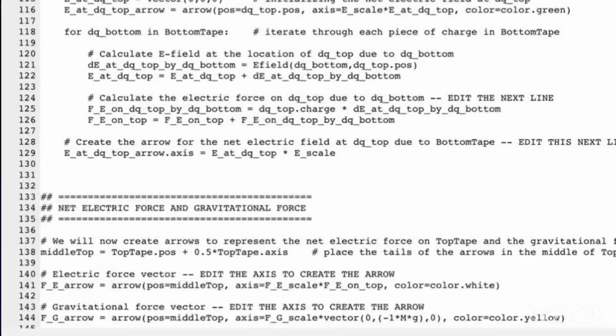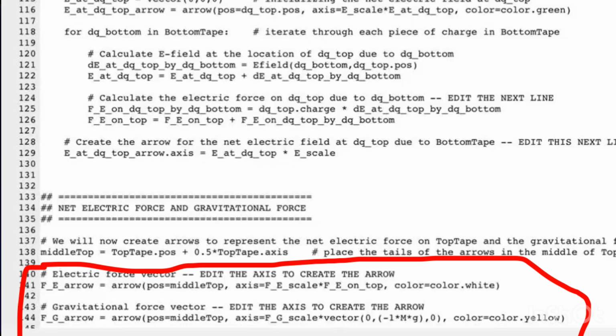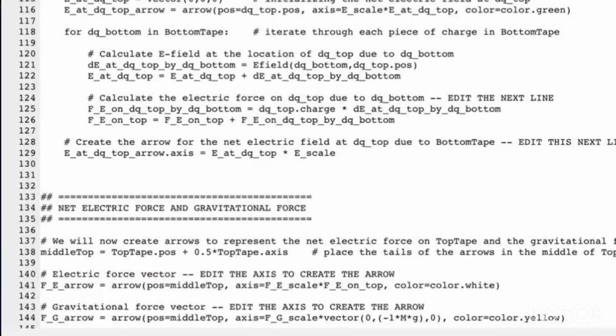Then we determine the force acting on the top tape by the bottom tape by multiplying the charge of the top tape times the electric field generated by all the segments in the bottom tape. And at the end, we're just creating arrows to make the model more visible.